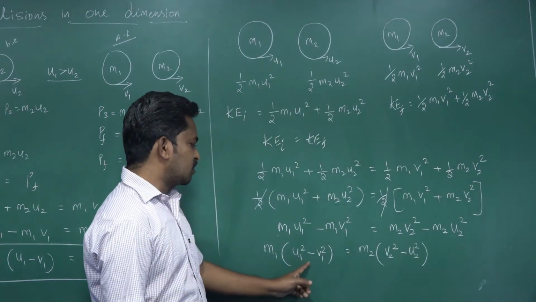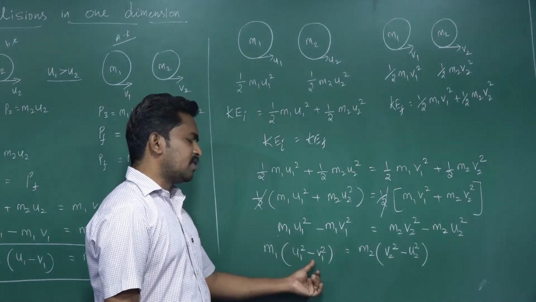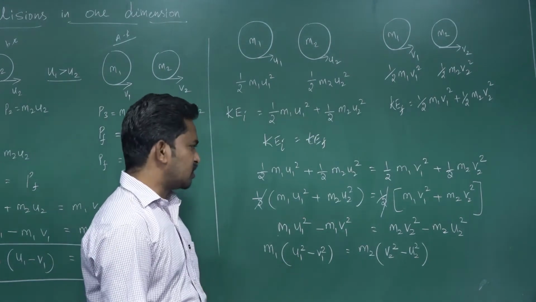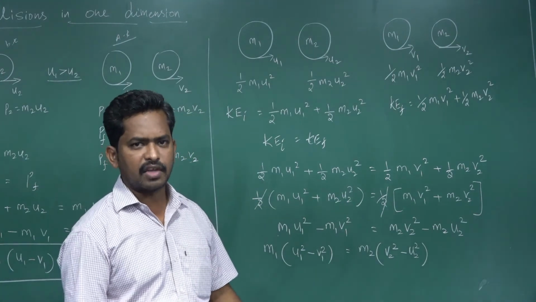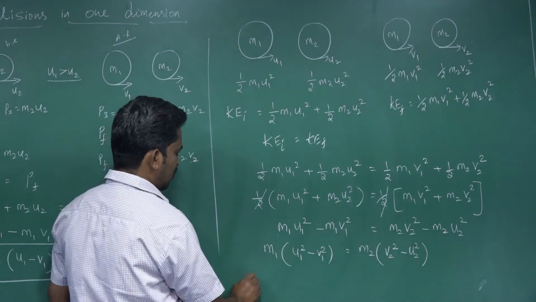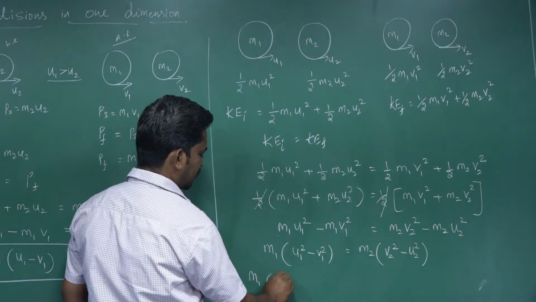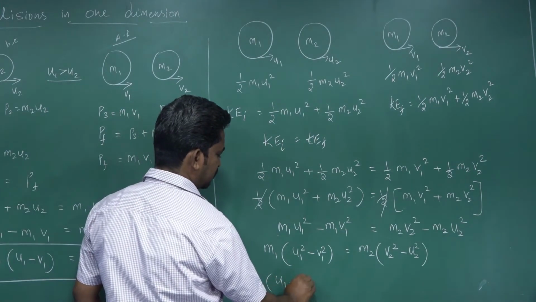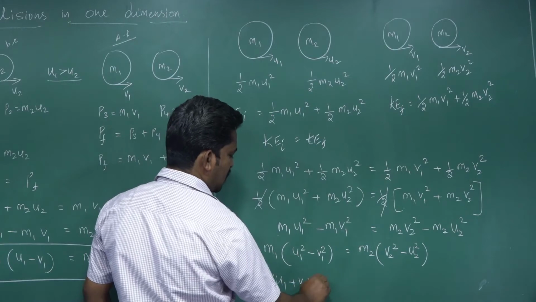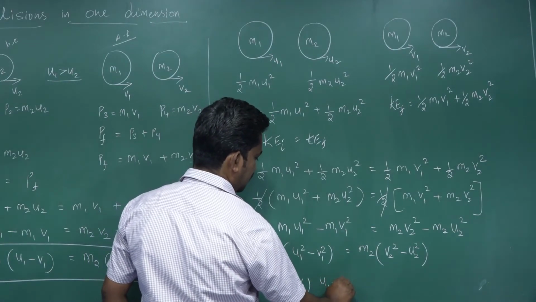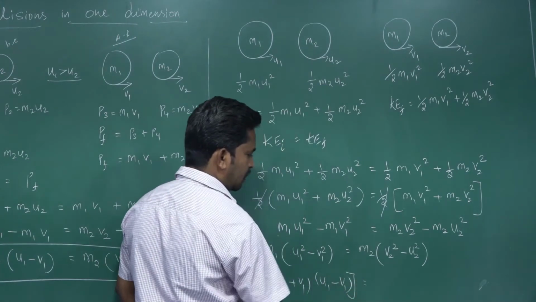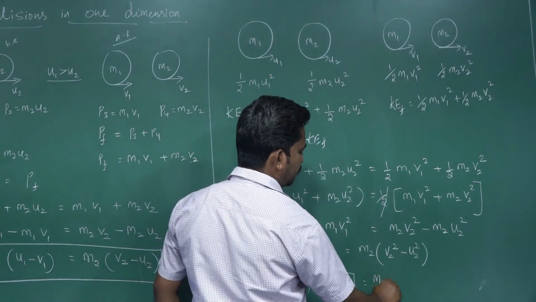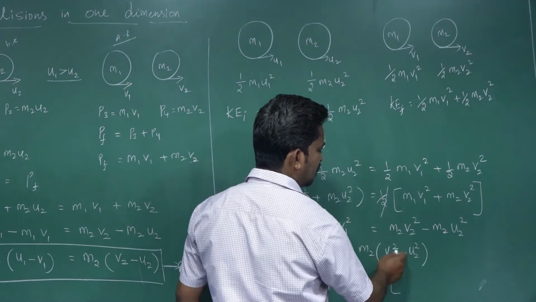So a square minus b square form. So u1 square minus v1 square is equal to a square minus b square. You know well, a square minus b square is equal to a plus b into a minus b. So m1 of u1 plus v1 and u1 minus v1 is equal to m2 of, this is a square minus b square.